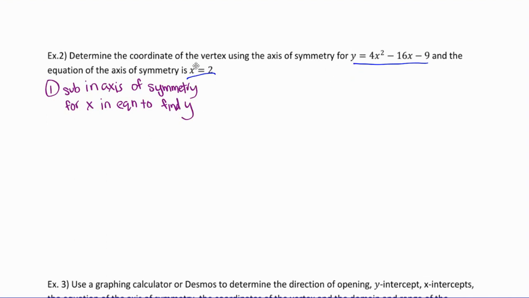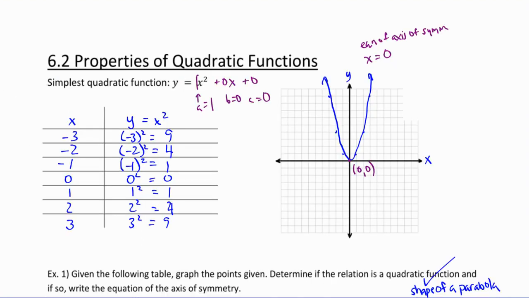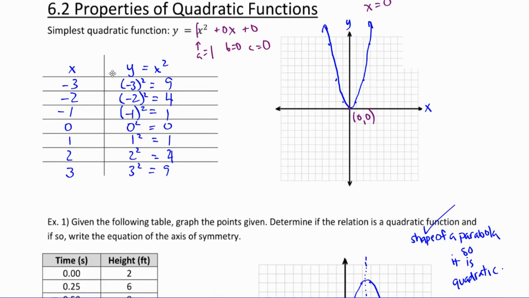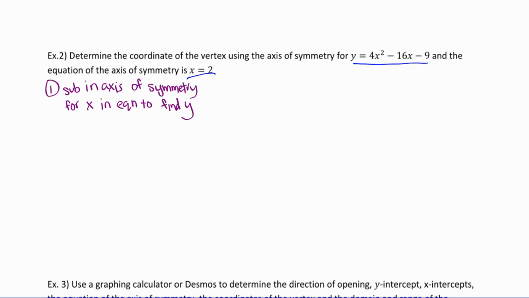So basically, we have this point. We know that x equals 2. Like with my table of values earlier, if I'm trying to find my y point, I just substitute that x value in. So that's all we're doing. We take the equation of the axis of symmetry, which gives us this point when x is 2, and we find out what y equals by substituting it into our original equation.